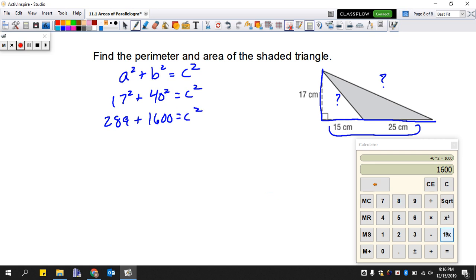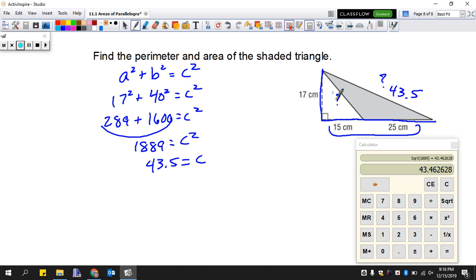So we're going to add the 289 to that, which is 1889. So 1889 is equal to c squared. Take the square root of it, is 43.5. So 43.5 inches is equal to c. So 43.5 is the length of that long side.